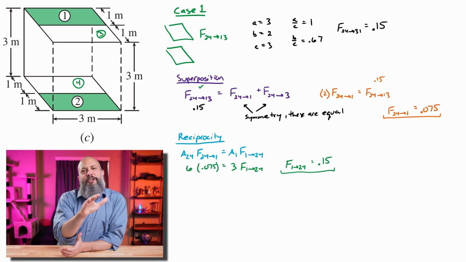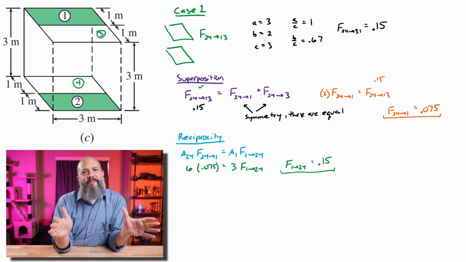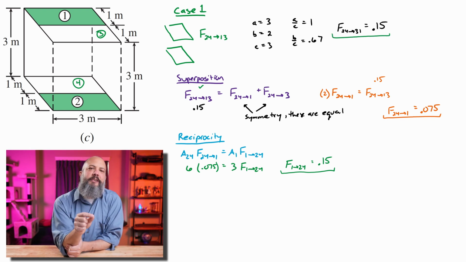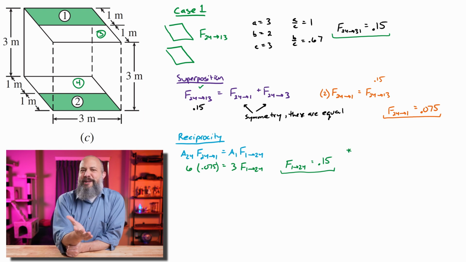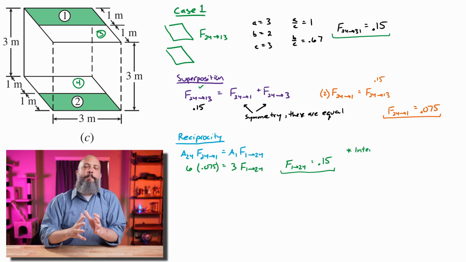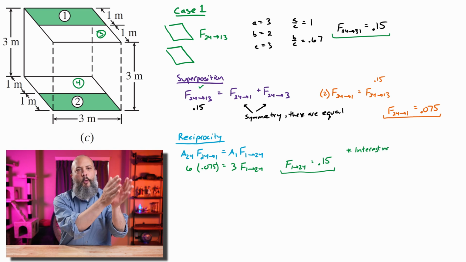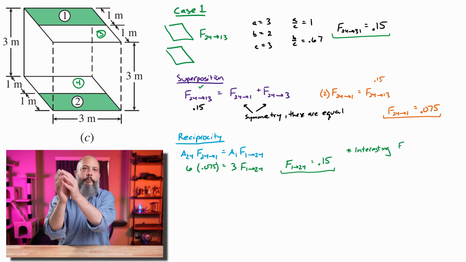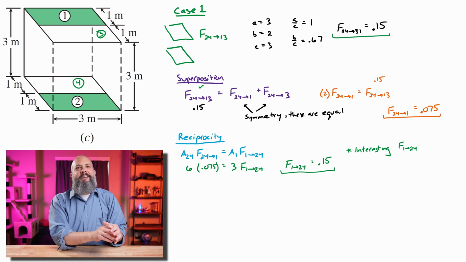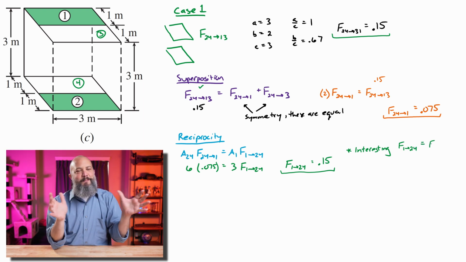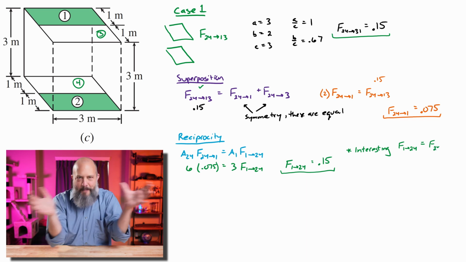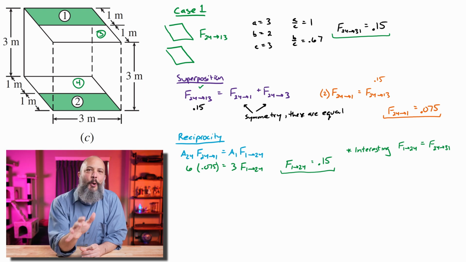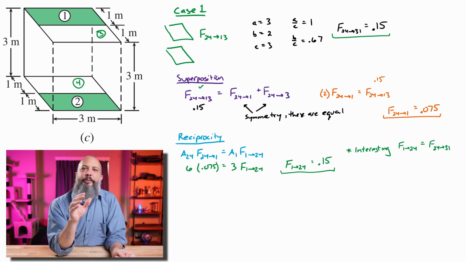If I add twice as much area to my emitting surface, I don't change the shape factor at all in this specific situation. The reason that happens is, again, because of symmetry. The same percentage of the radiation that goes from 1 to 2,4 is exactly the same as the percentage that goes from 3 to 2,4 because of symmetry. And so when you combine them, the exact same percentage goes from the combined 1,3 to 2,4. So again, superposition only works for the destination, not the origin.